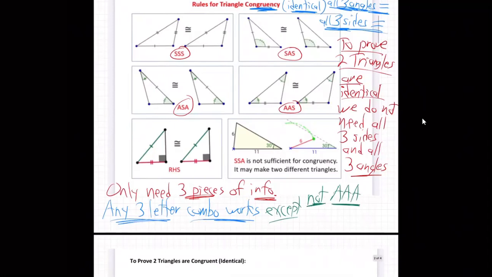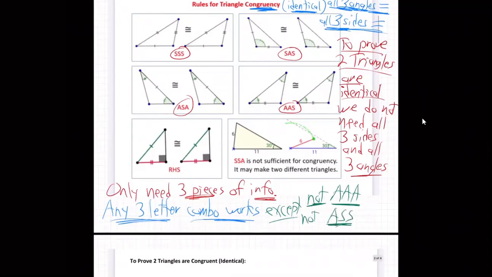AAA is a no-go. If you have 3 angles and 3 angles, it turns out that's not enough information. That just proves the 2 triangles are similar. We'll talk about that in a future section soon. But not AAA and not ASS.